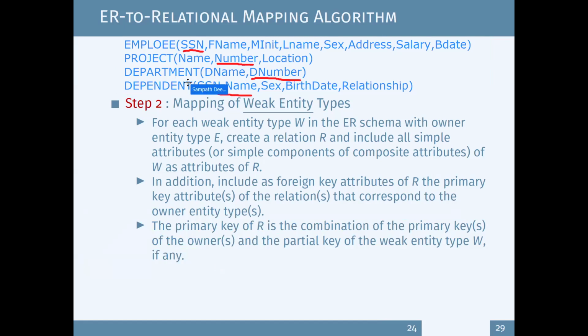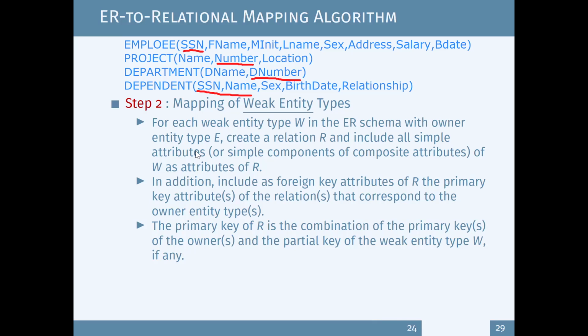For a weak entity type, we include all the simple attributes and we get the key attribute from the owner. We select both of them and that will be the primary key. Right. Now we have worked with all the 4 entity types. Right.